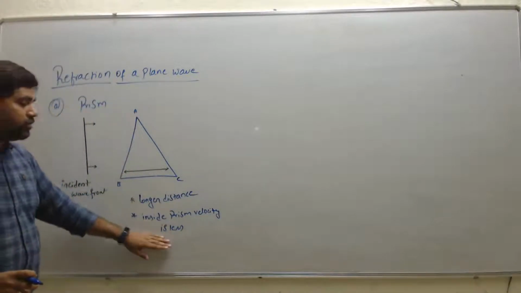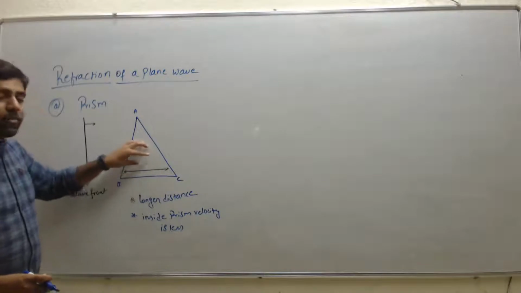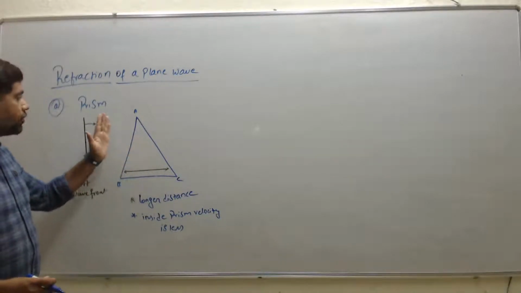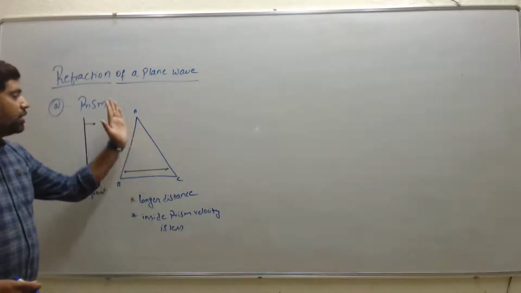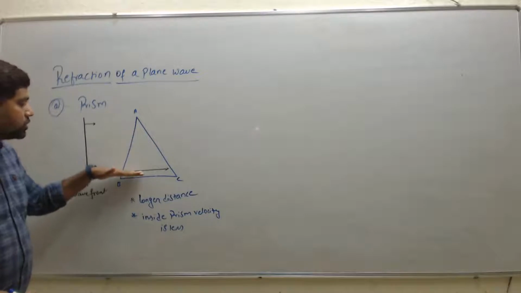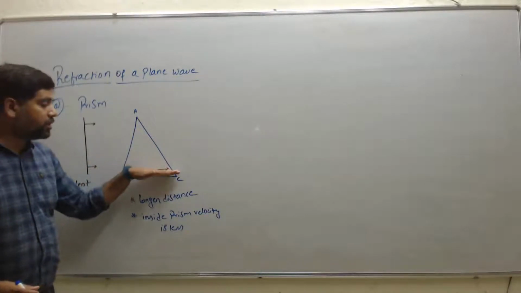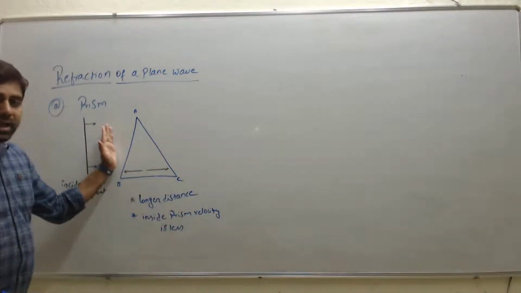So due to these two reasons, inside the prism, which acts as a denser medium, the velocity is less compared to that of the rarer medium. As the wavefront travels into the prism, the lower part has to cover the largest distance, and it also travels with low speed compared to the rarer medium.